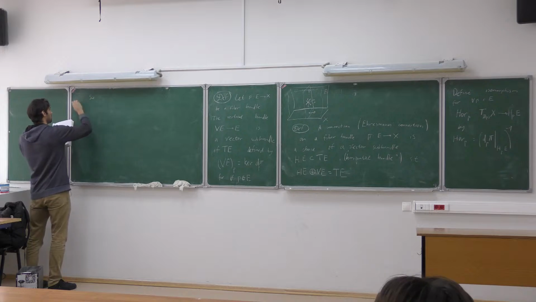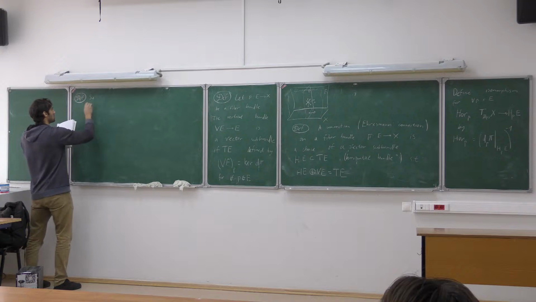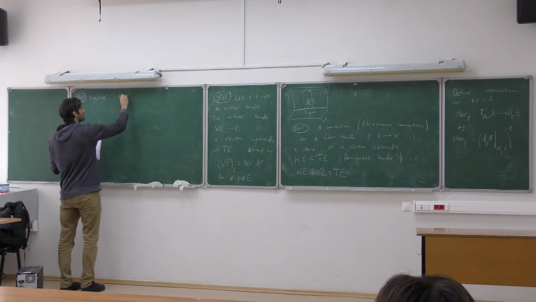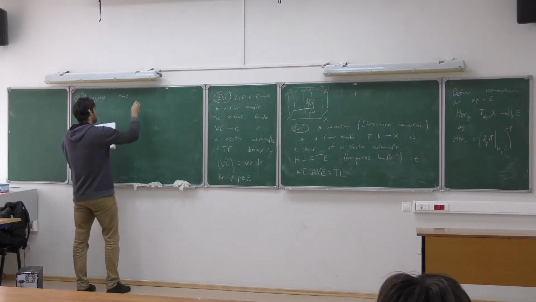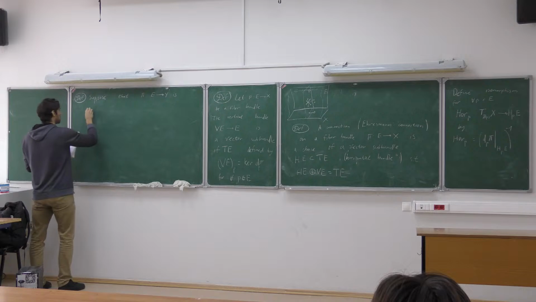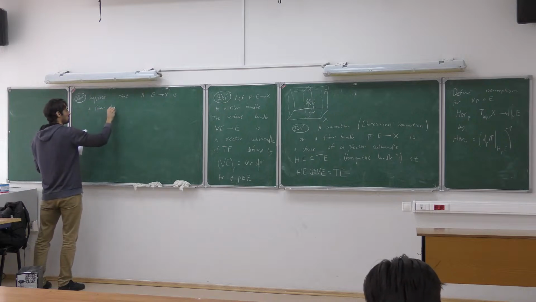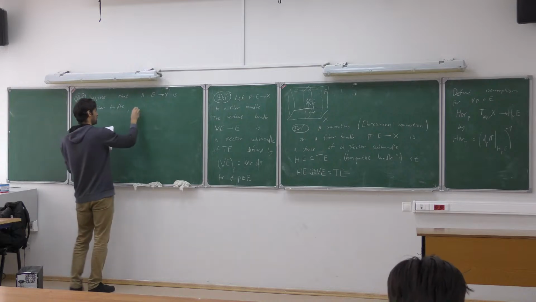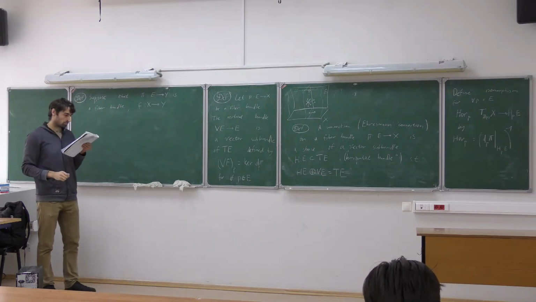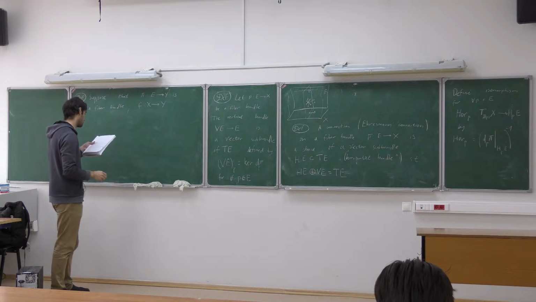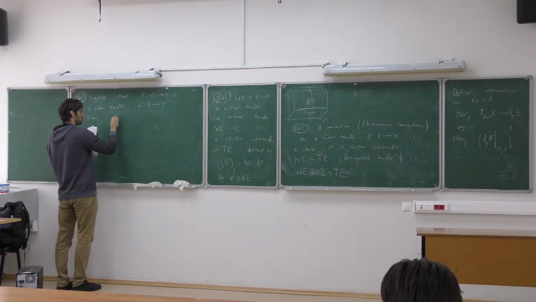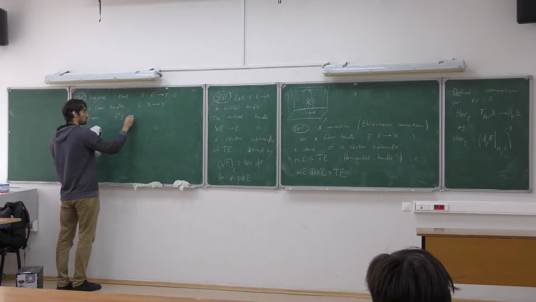Suppose, maybe this is the definition, that pi from E to Y is a fiber bundle, and I also have a map F from X to Y. Then I have the pullback bundle, denoted F star E, and this is over X now.